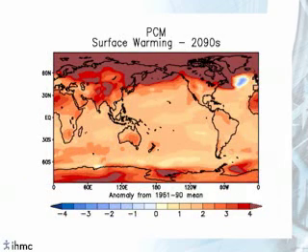Here, let me skip this. If you look at the end of this century, the 2090s, we expect from our modeling studies that the major changes will be in the higher latitudes. Here's 4 degrees centigrade, so you have to double that to 8 degrees Fahrenheit. And we're already seeing that, of course, over Alaska.